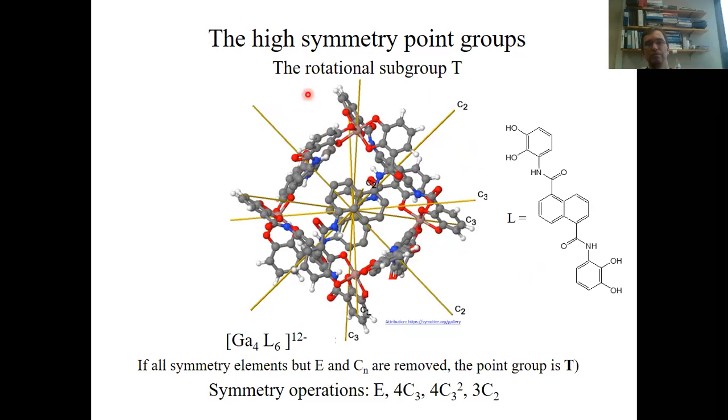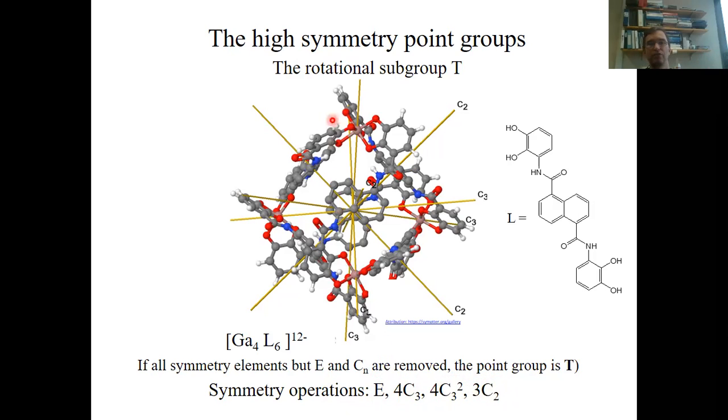The first group is the rotational subgroup T. It's called rotational because all the symmetry elements but the proper rotational axes are eliminated from Td. That still leaves the 4 C3, the 4 C3^2 and the 3 C2 symmetry operations, besides the identity, but all the other symmetry operations that exist for the Td point group are gone.